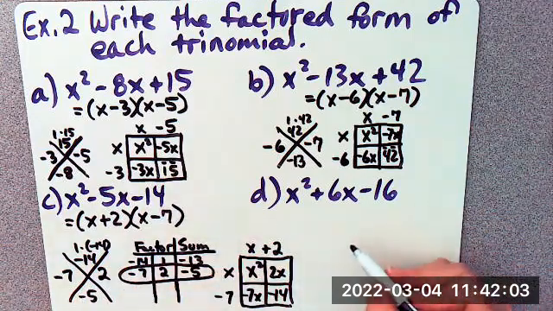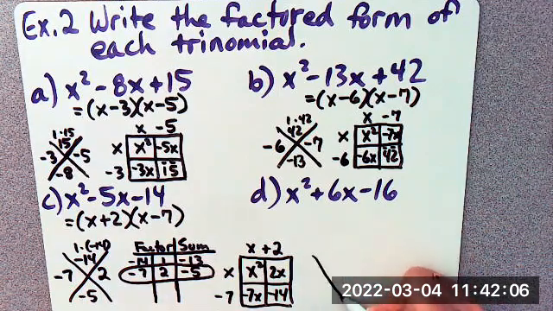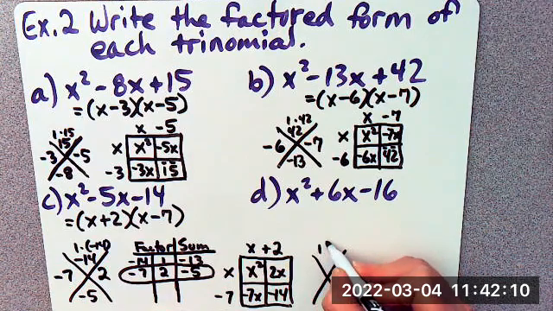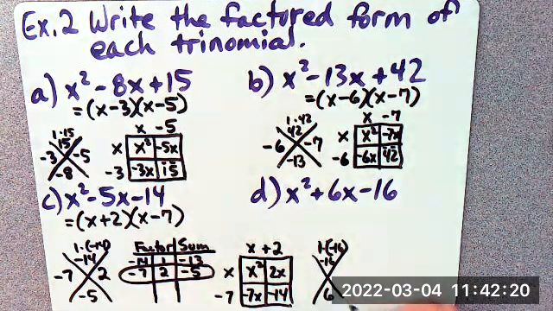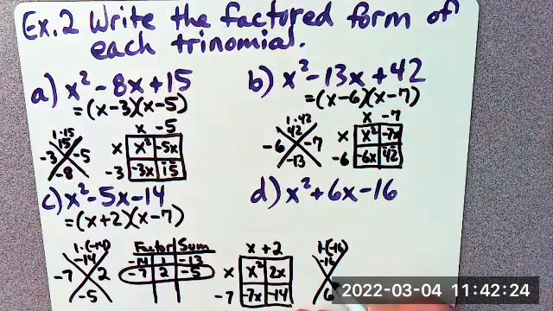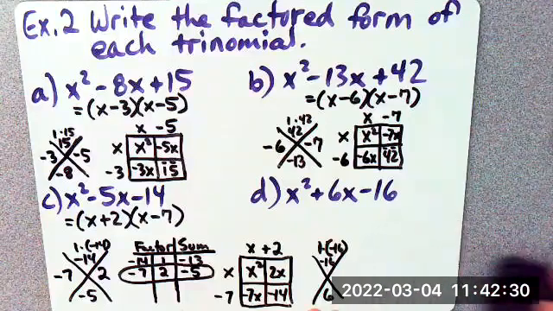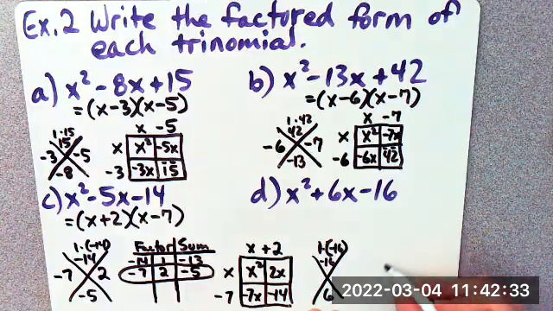All right, so let's take a look at this diamond box. So we have 1 times negative 16 is negative 16 and 6. So now we know we have 1 negative and 1 positive, but the greatest of the factors is positive.